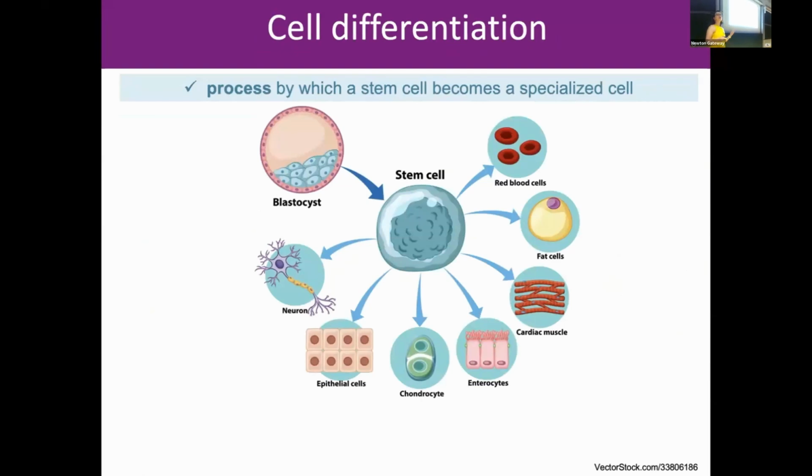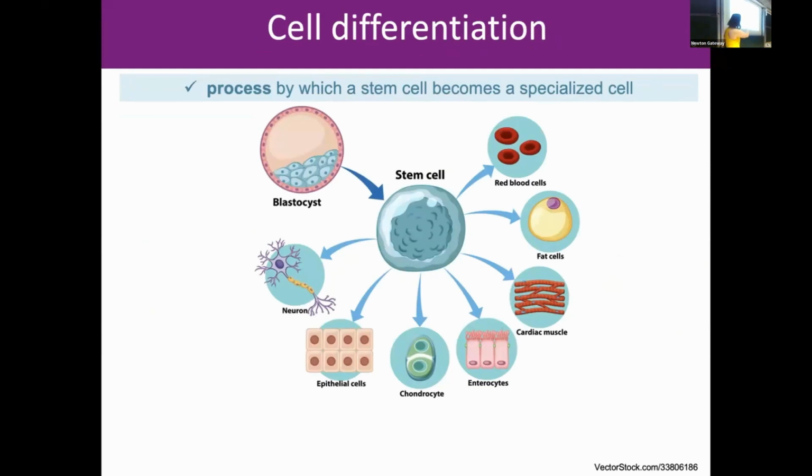And that happens during a process called cell differentiation, which is the process during which a stem cell, a cell able to have any fate possible, becomes specialized.